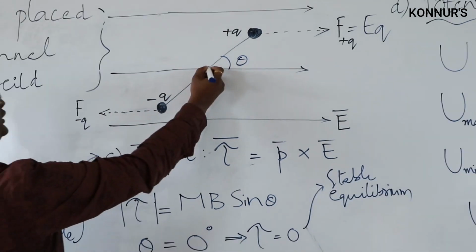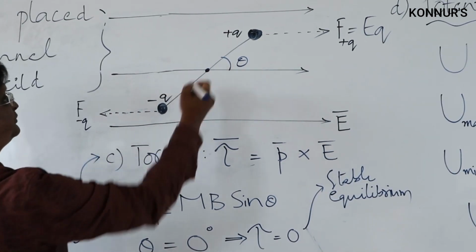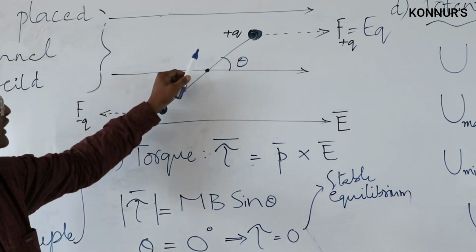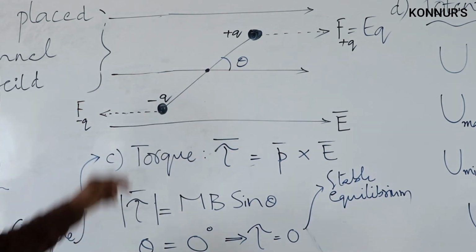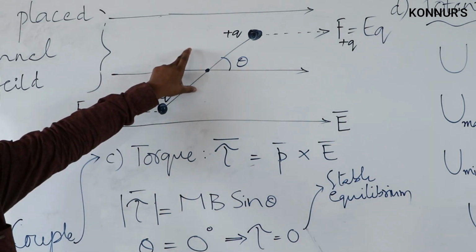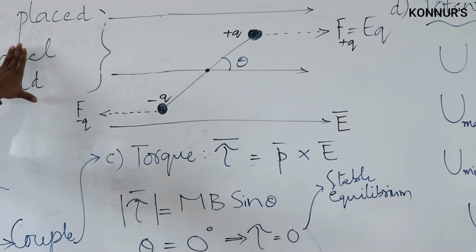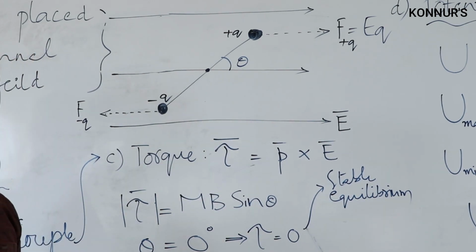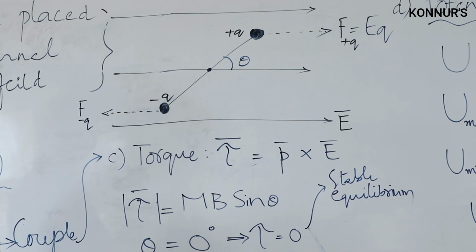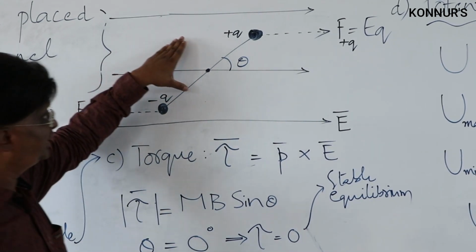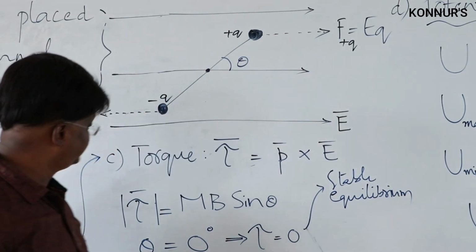Now it tends to rotate about this axis, and it acquires a torque and hence acquires rotatory motion. Therefore, dipole in an external uniform electric field has no translatory motion, and it acquires only rotatory motion due to this torque, and torque aligns the dipole in the direction of external field.